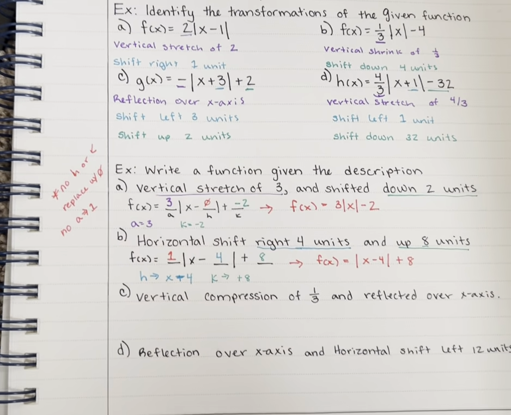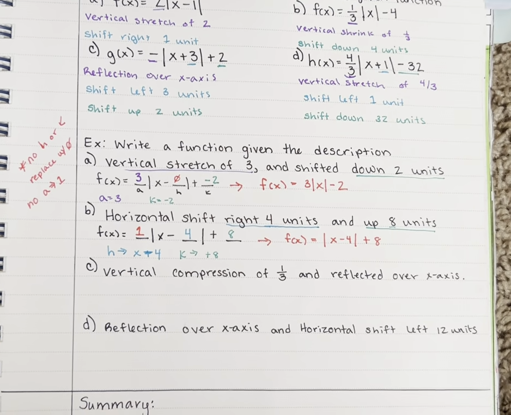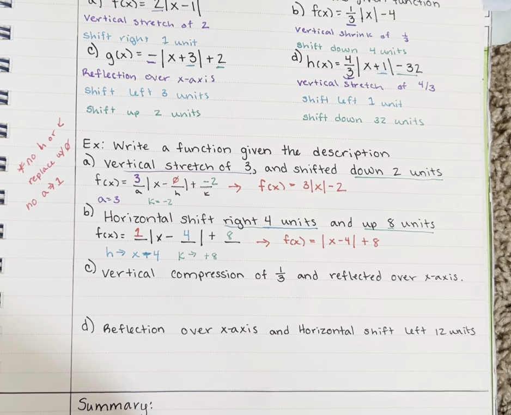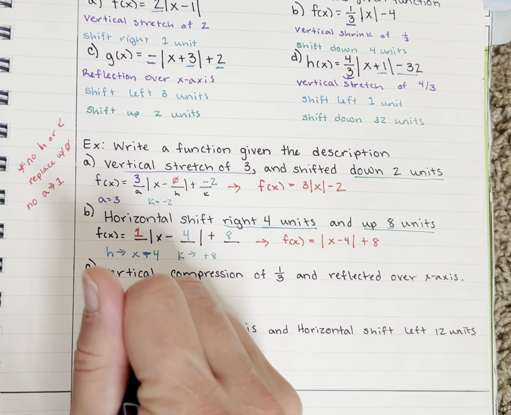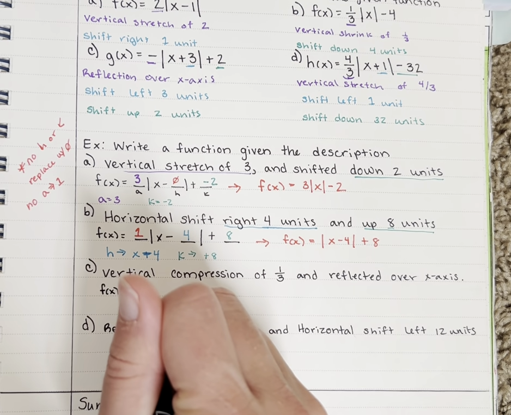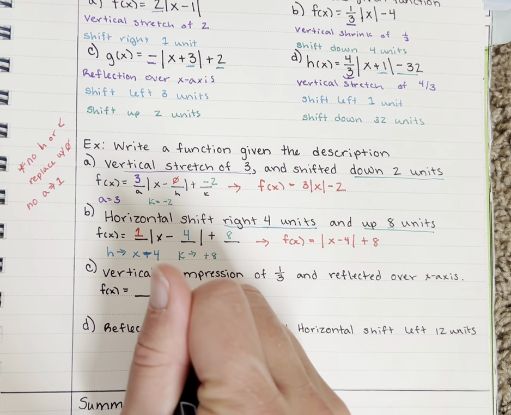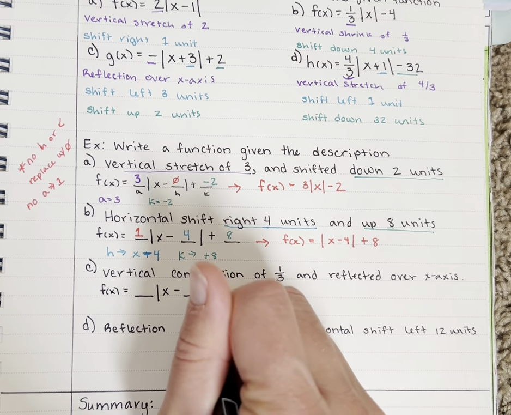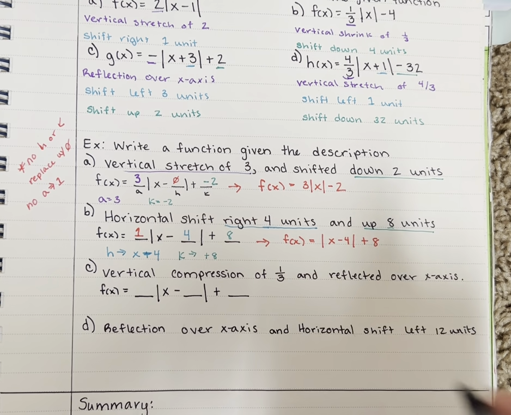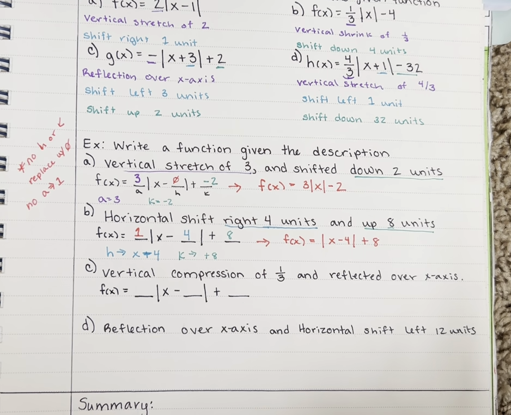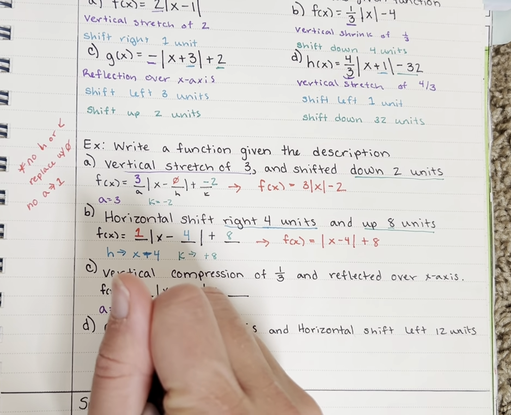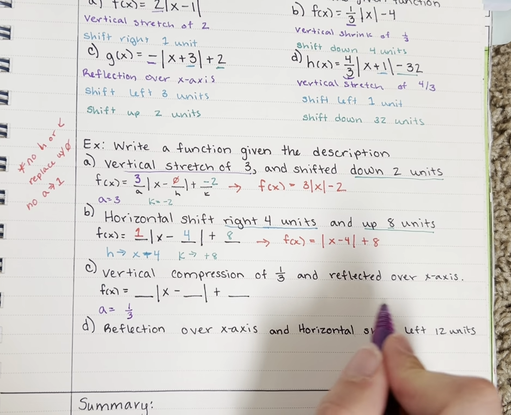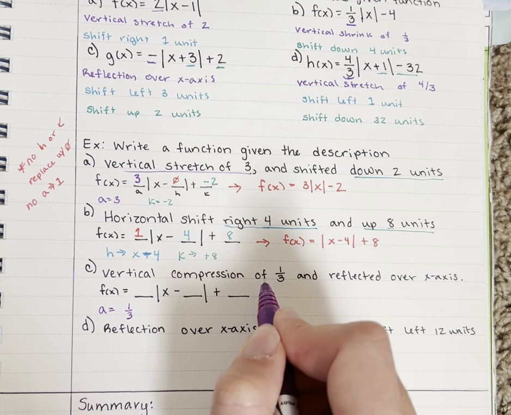Okay. Next one, I have a vertical compression of 1/3 and it's reflected over the x-axis. So f of x equals blank, absolute value of x minus blank plus blank. Notice that the 1/3 is a vertical compression that represents an a value. Now it's also reflected over the x-axis.